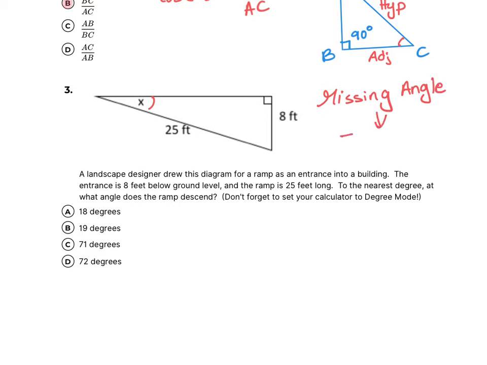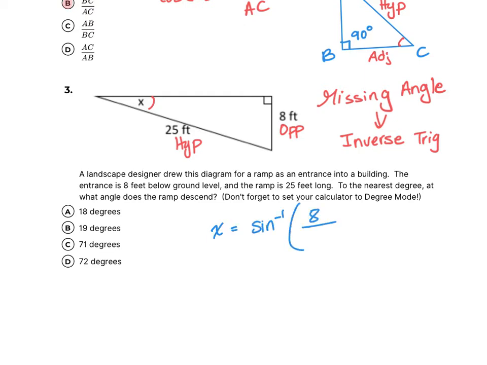I'm talking about inverse trig. So in this case, 8 is the opposite with respect to angle x, and 25 is the hypotenuse. Then I'm going to be using inverse sine to find angle x.